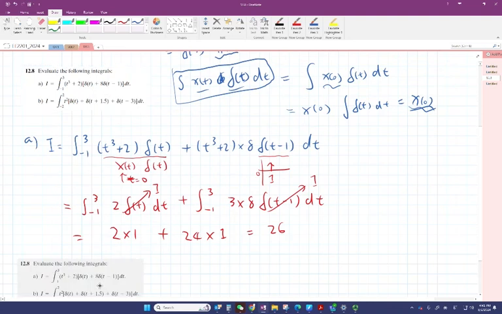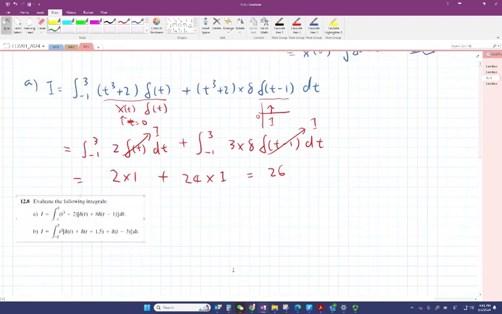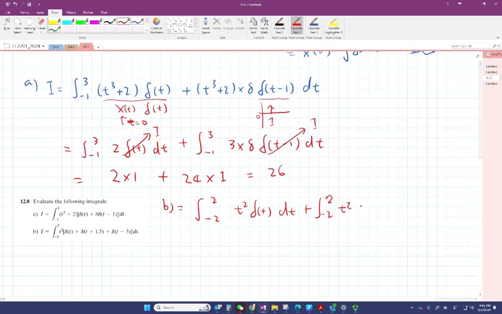And let's look at the second question. Again, we're going to evaluate this one by one. So part B equals the integration from -2 to +2 of t squared delta t dt, plus the integration from -2 to +2 of t squared delta t plus 1.5, dt.